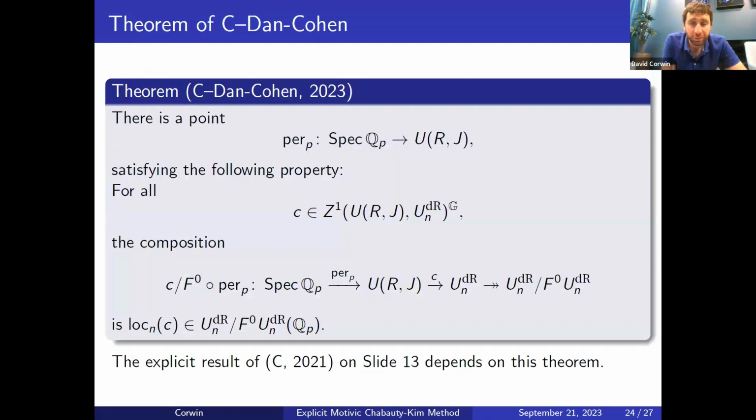So here is the full statement of the theorem: there is a special p-adic point of URJ satisfying the following property.